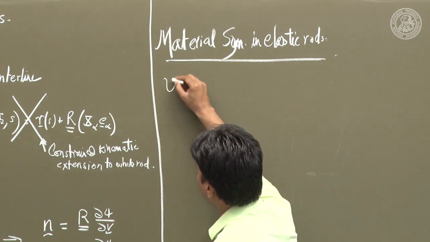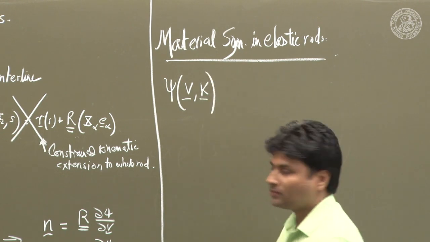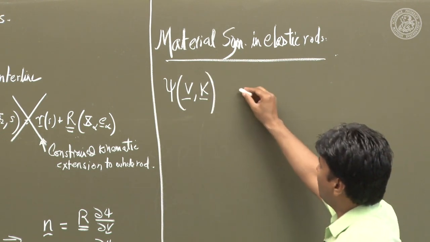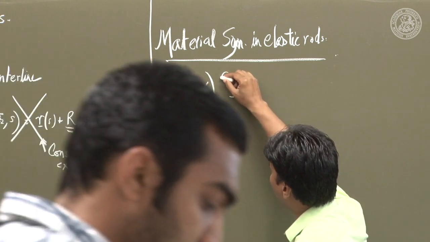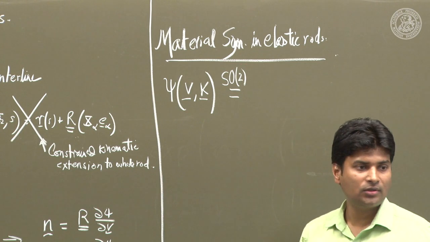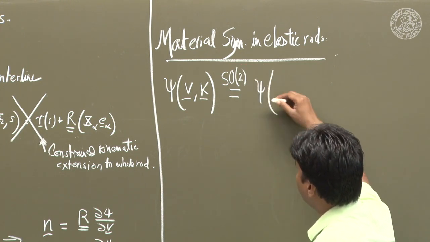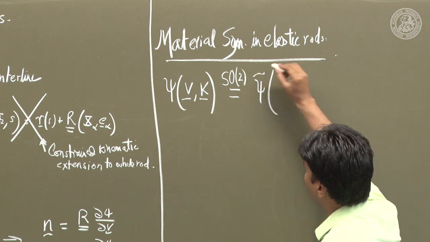We derived that if the rod has SO2 symmetry, then it has the following invariants, and the energy must depend on those invariants.